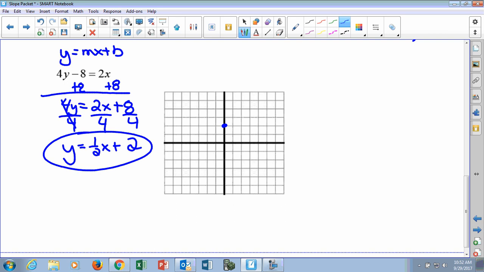Nessa? Rise 1, right 2. So we're going up 1 to 0, 3, and then over 2 to right here. 2 points make a line, right? Got my 2 points. I'm going to draw my line. And that's graphing slope-intercept form. Okay? All right, so we're going to stop there because I'm going to allow you time to do your homework. So we're going to stop this thing.